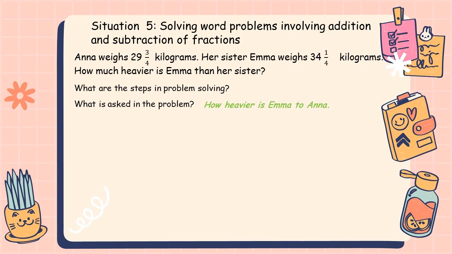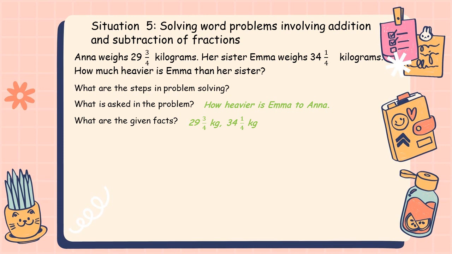Next one, what are the given facts? So for us to understand the problem more, let us identify the given facts in this problem. The given facts are 29 and 3/4 kilograms, which is Anna's weight, and 34 and 1/4 kilograms, which is Emma's weight.